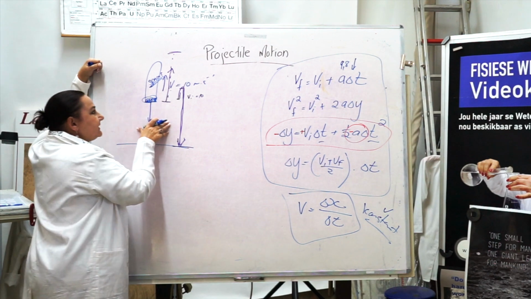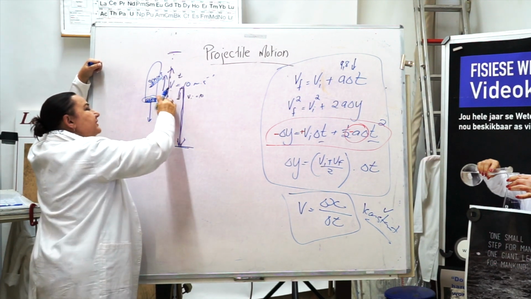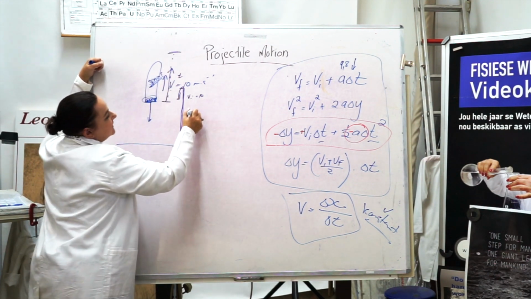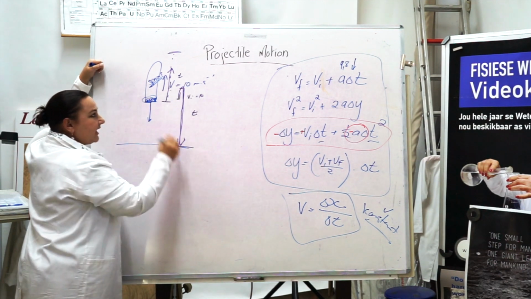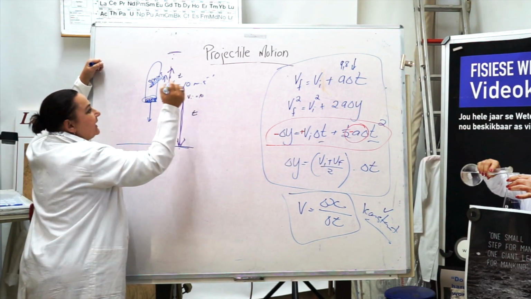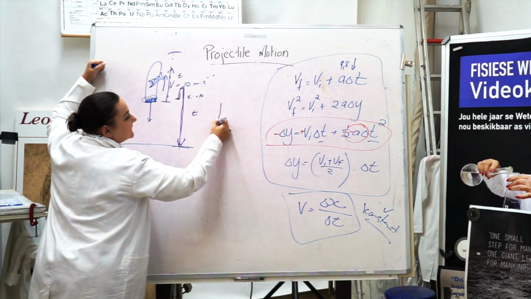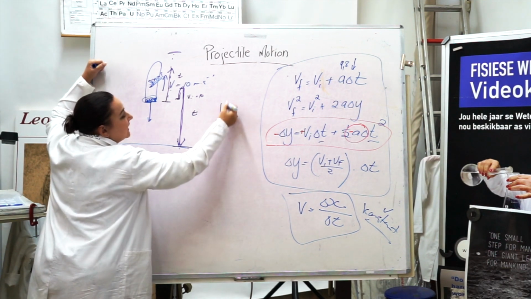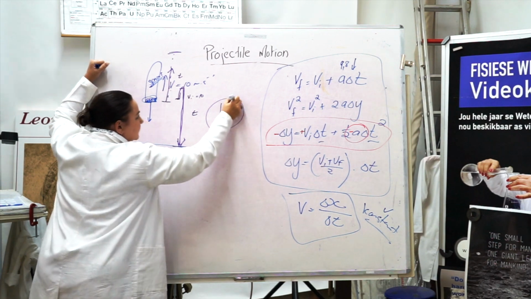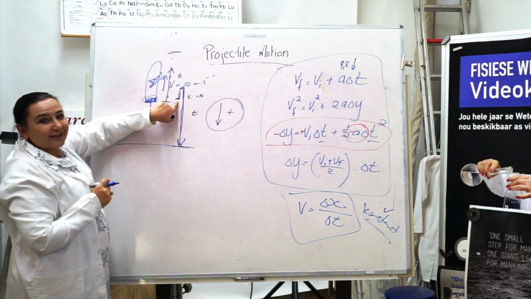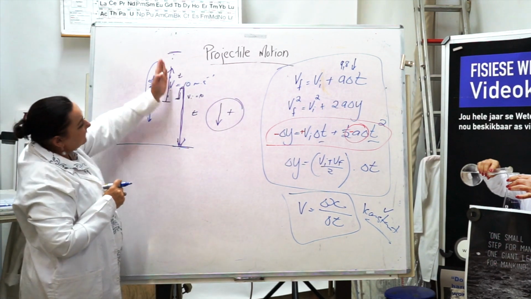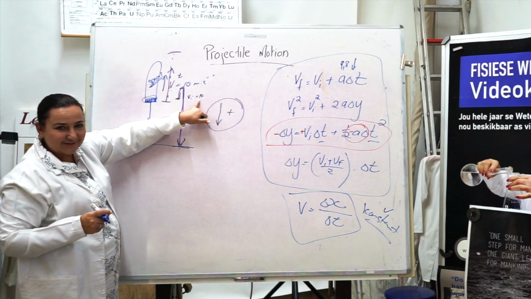So immediately you have a time for this one going up equals the time for this one coming down. But just remember, if I would now choose as my direction of movement downwards as positive, that I do have an initial velocity then upwards as -10.